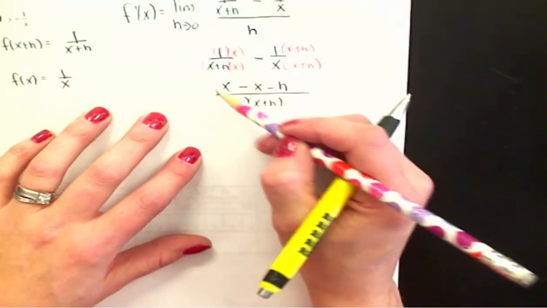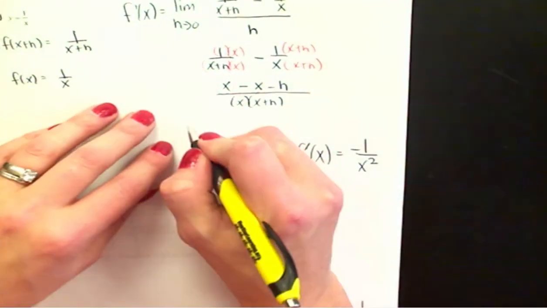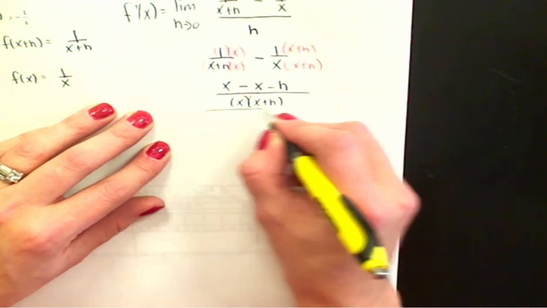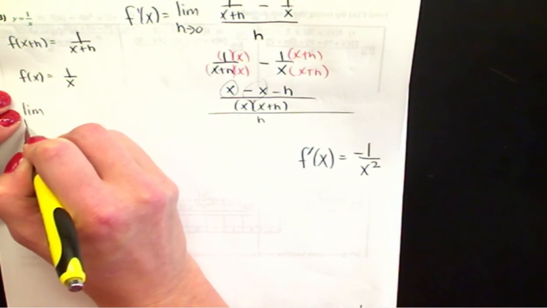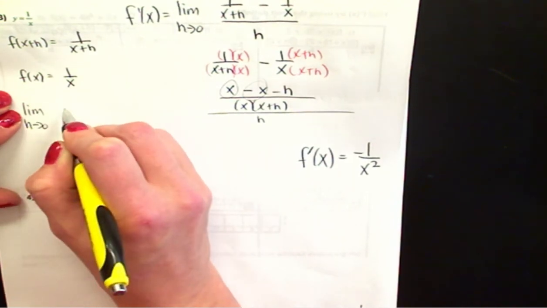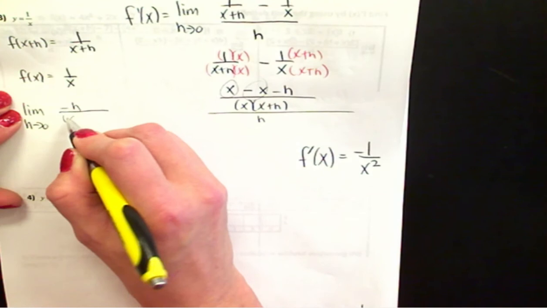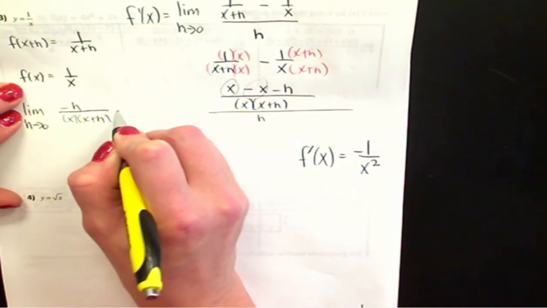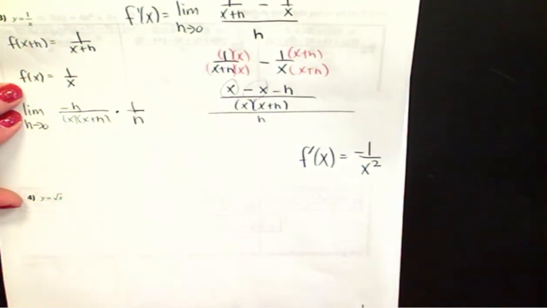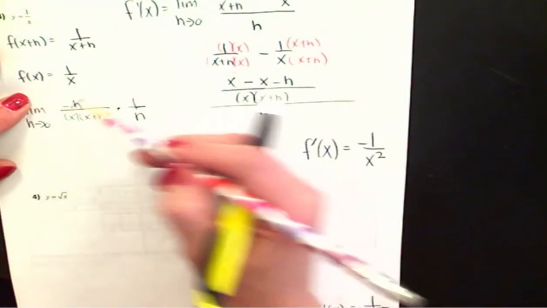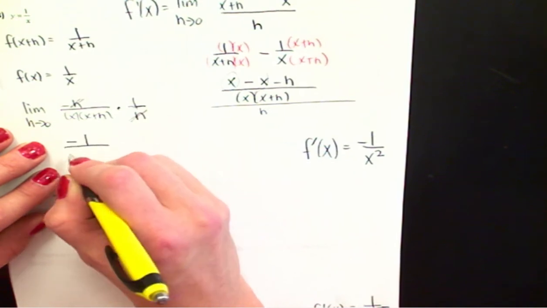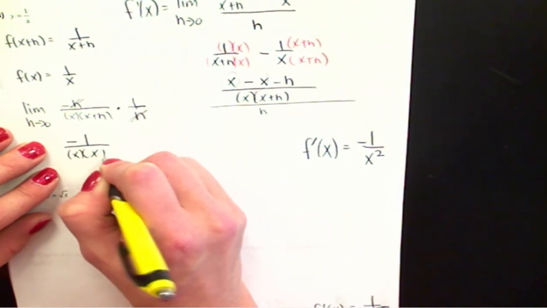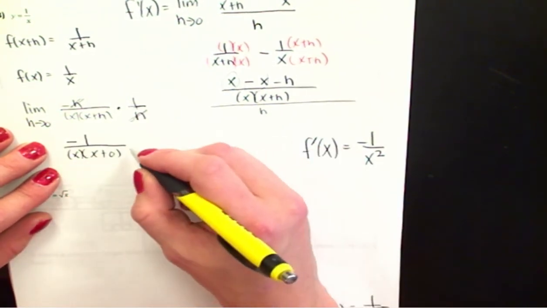Okay, these two things cancel. So I am left with big fraction bar over h. The limit as h goes to 0 of negative this over h, multiply by reciprocal. Okay, this cancels, and I get negative 1 over x. Plug in.